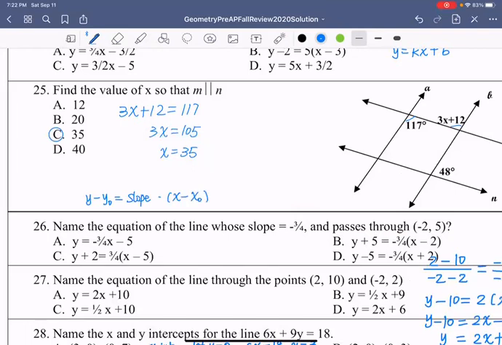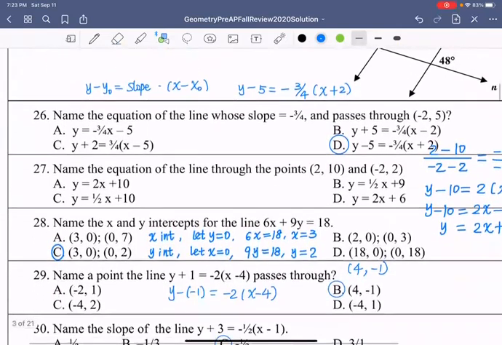Okay, so y minus 5, good, equals -3/4 times parentheses x plus 2. Good job. We can see which one to choose. It would be D. This is point slope format.